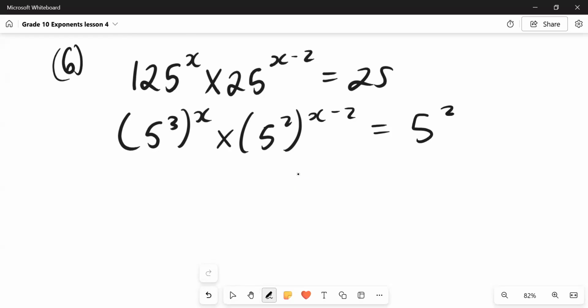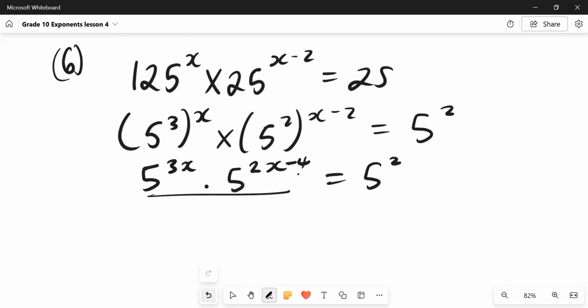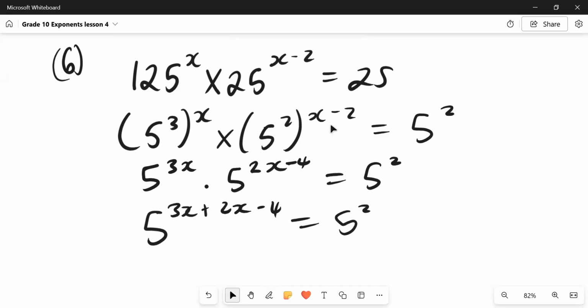And then from here, you'll have your 5 to the power of 3x times 5 to the power of 2x minus 4, and then equals 5 squared. Same bases, add exponents. You'll have your 3x plus 2x minus 4 as the exponent, equals 5 to the power of 2.